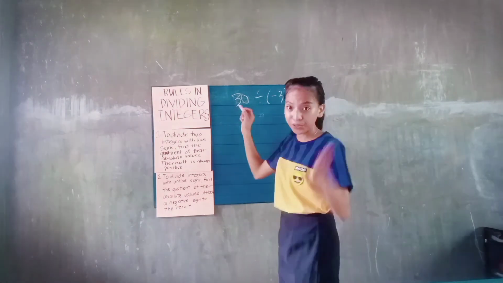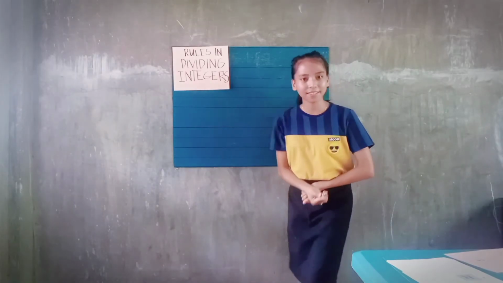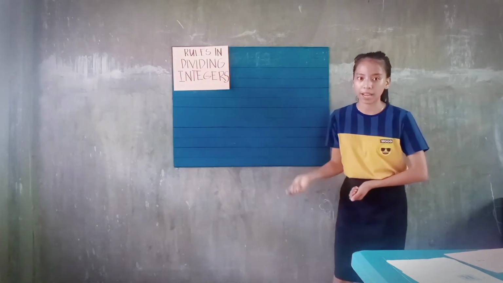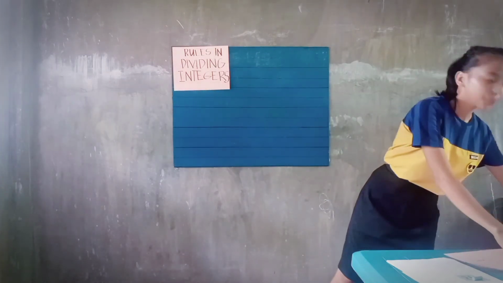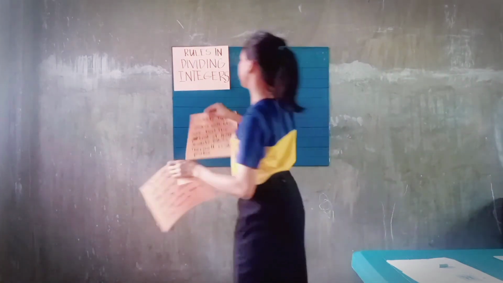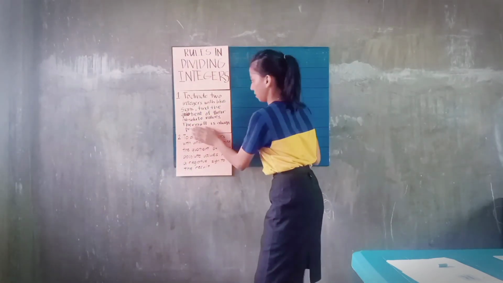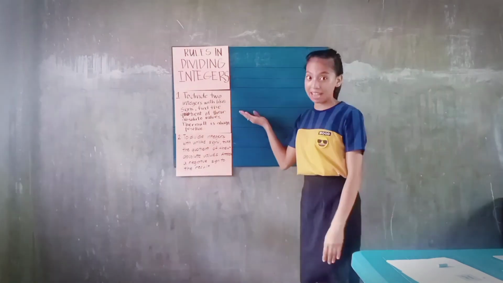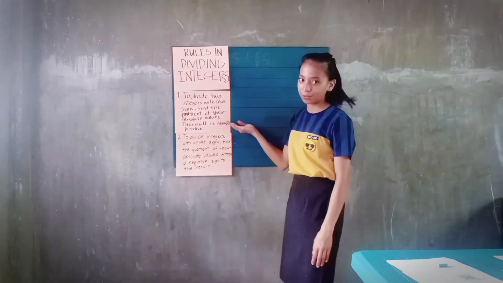Okay. Very good. Dear student, for the last operation, let us now proceed to the division on integers. Okay. Rules in dividing integers. To divide two integers with like sign, find the quotient of their absolute values.